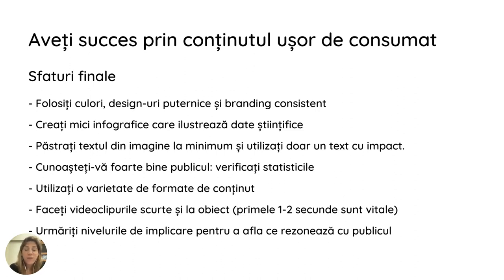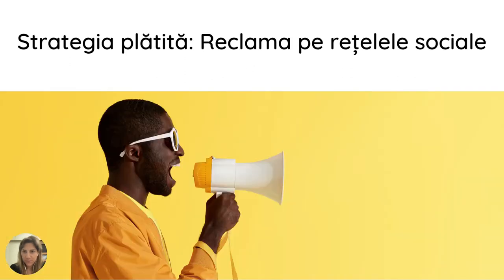Remember also to test a variety of content formats and keep videos short and to the point. Because at the end of the day, the first 1 to 2 seconds are crucial to grab people's attention. And finally, most importantly probably, know your audience and track engagement levels for your snackable content to know what is really working for your audience.